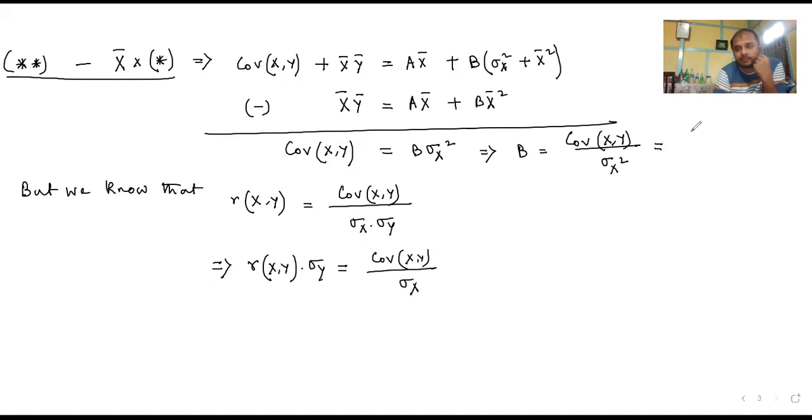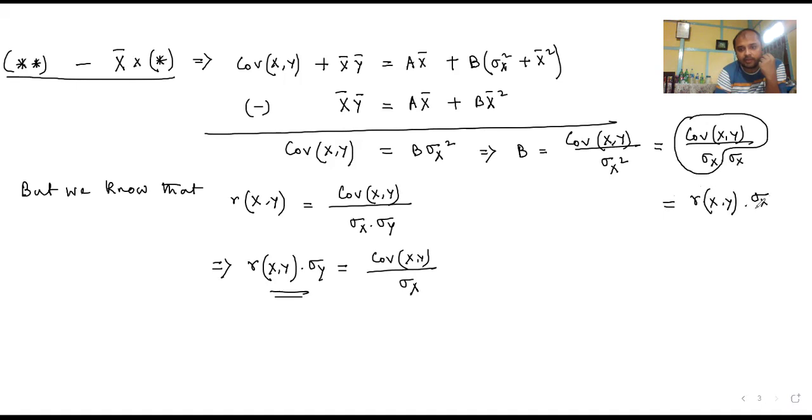We can write b to be covariance of xy by sigma x into 1 by sigma x. Now in place of this quantity, we can substitute this one. So we can write rxy into sigma y by sigma x. Now you see, you are getting your regression coefficient. This form of regression coefficient is actually known to you.